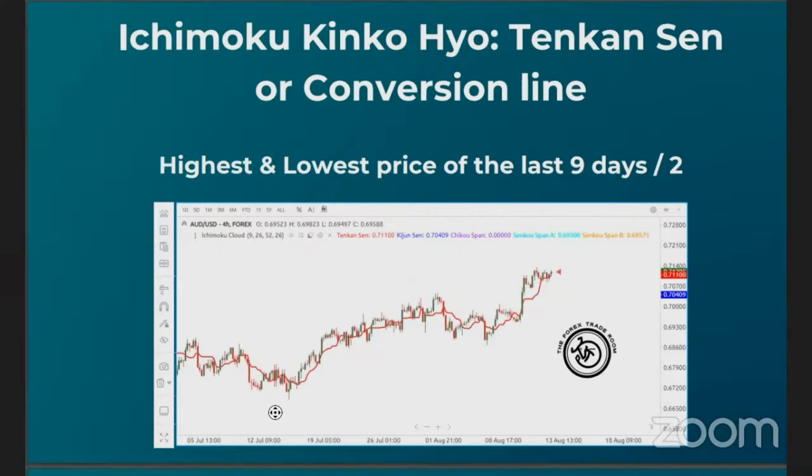Say it again. The highest and the lowest prices of the last 9 days and divides it by 2. So if this was a daily chart, you would look at the last 9 candles, which would be days, because that's where we would be on the daily chart. Here you're looking at the last 9 days' worth of candles.